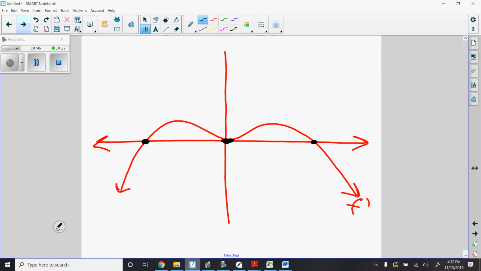When I take a look at that leftmost zero, the one over here, what I notice is f prime is switching from a negative value to a positive value. What that tells me is anytime f prime switches negative to positive, that means f has a local min.